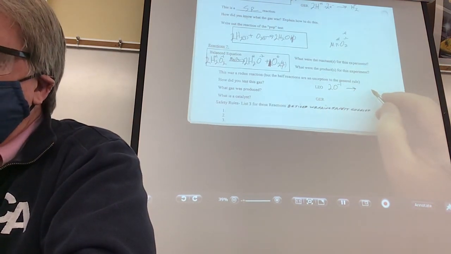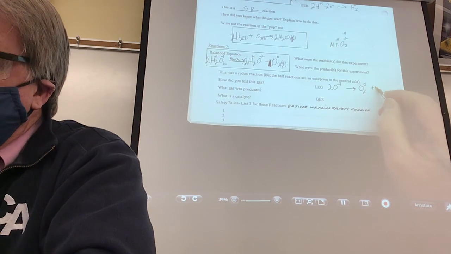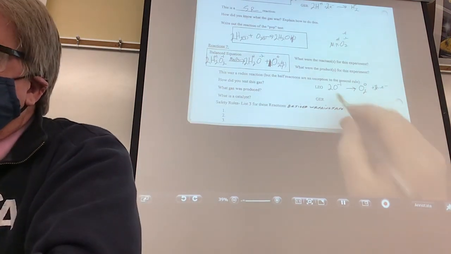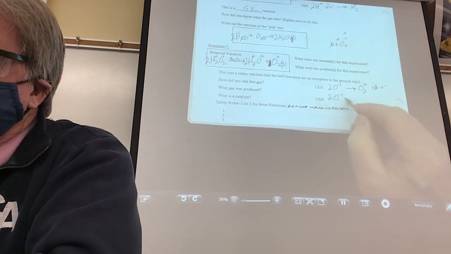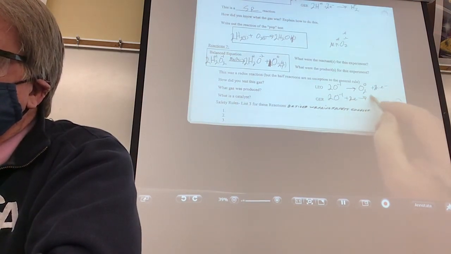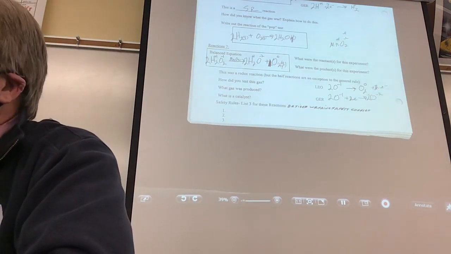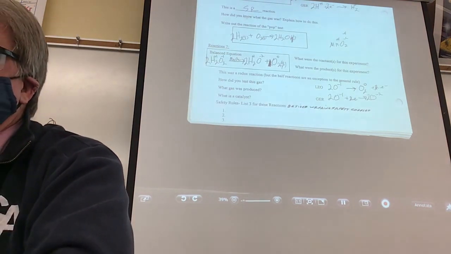How'd they get more positive? And what about the other 2? Wow, that was the weirdest one. That was probably the weirdest redox you've ever seen, because some of the oxygens got reduced and some got oxidized.